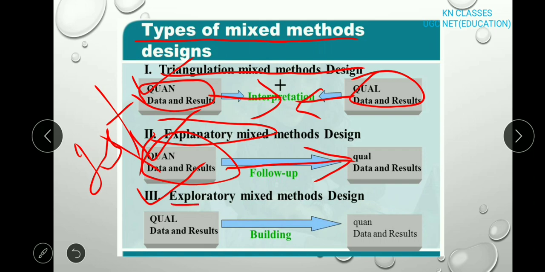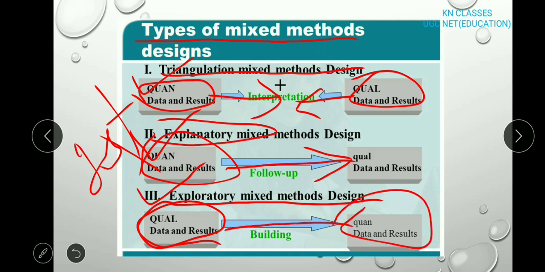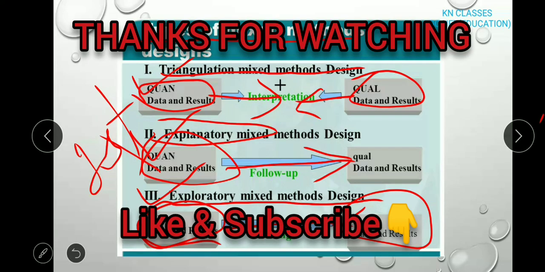Then the exploratory mixed method design is the opposite of explanatory. In exploratory, the researcher collects the qualitative data first and analyzes it, then collects quantitative data and analyzes it. This is all about the first part of my presentation on mixed method research design.